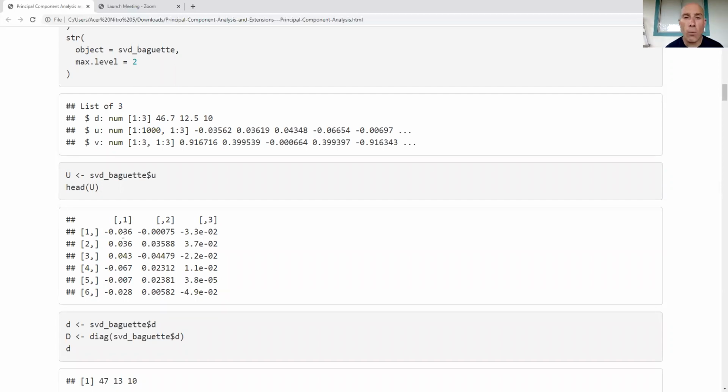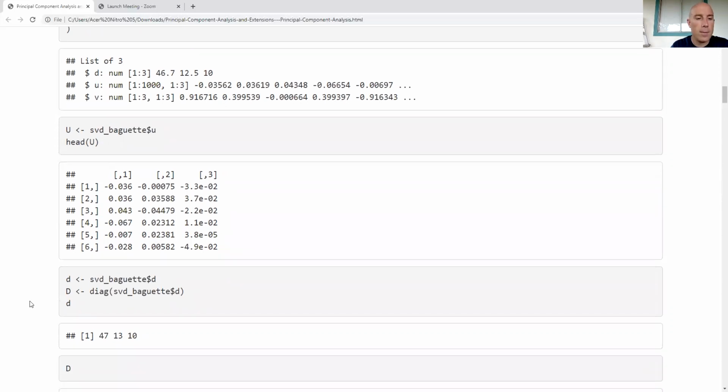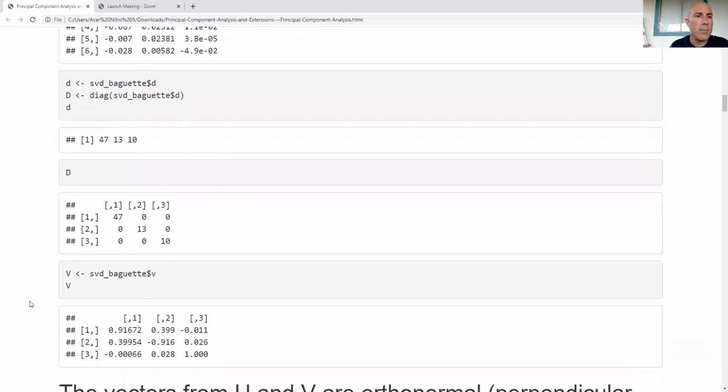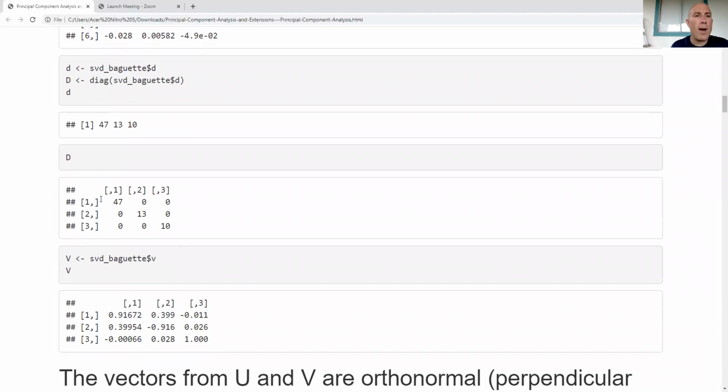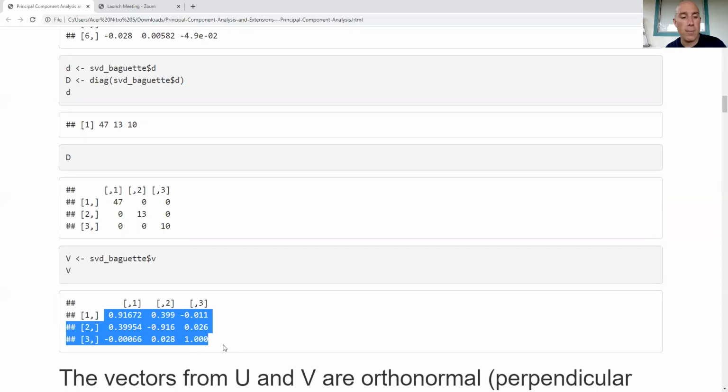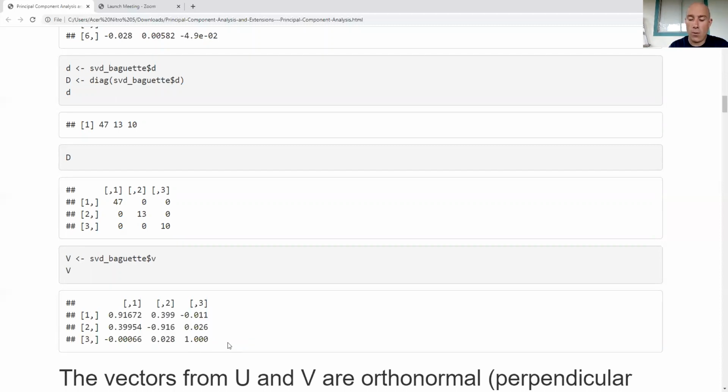If I'm talking about theory, I can extend that to be an n by n orthonormal matrix, a basis, in fact. We don't need to worry about that in this case. Now, our singular values, D, in the matrix multiplication, are going to be on a diagonal matrix, and here is that diagonal matrix right here. And V is the right orthonormal matrix in the factorization. This is where we get our loadings.